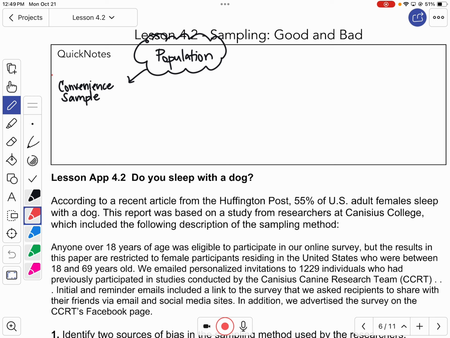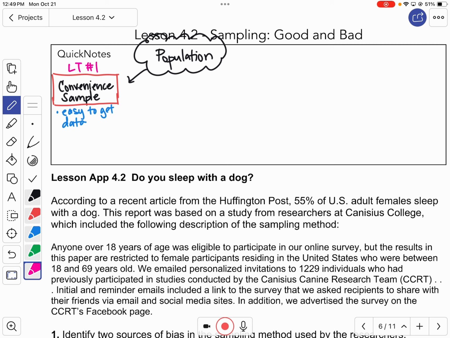In a convenience sample, it's just easy to reach, or easy to get our data.